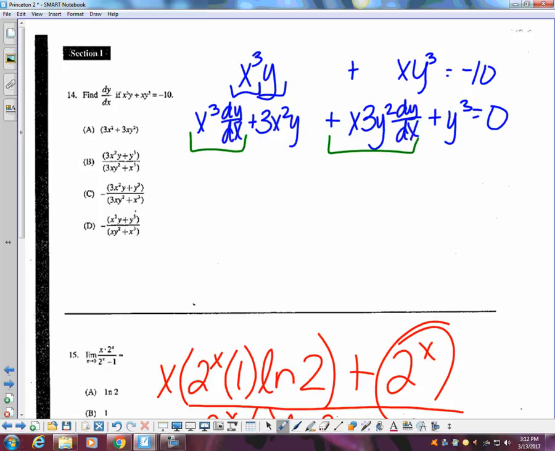Okay, again, keep your dy dx terms on the one side, move your non-dy dx terms on the other side, and suck out the dy dx while you're at it.